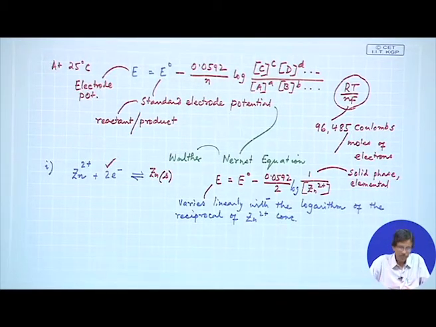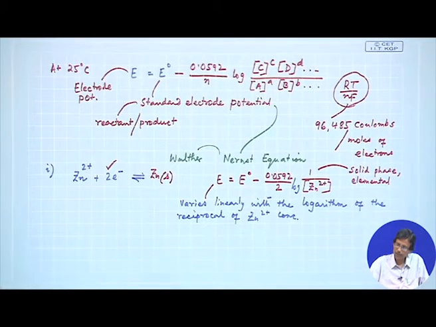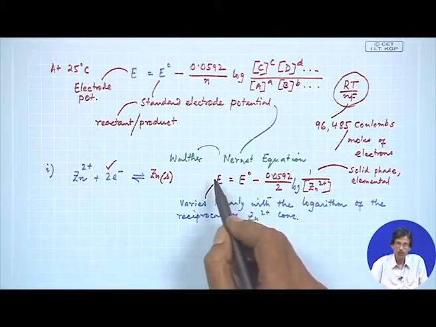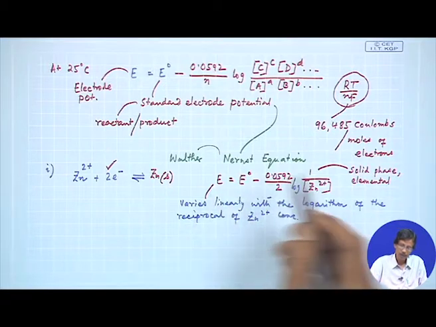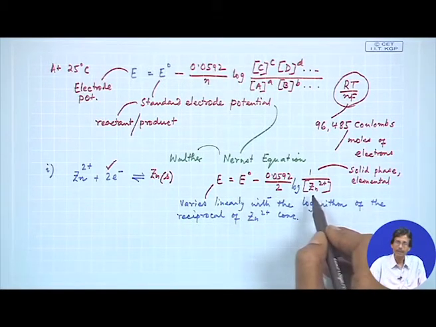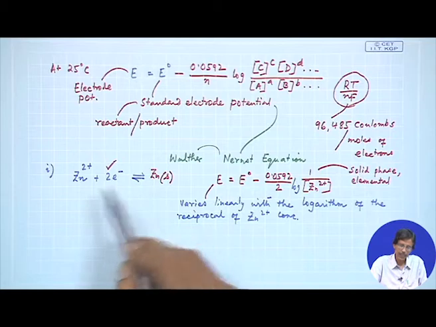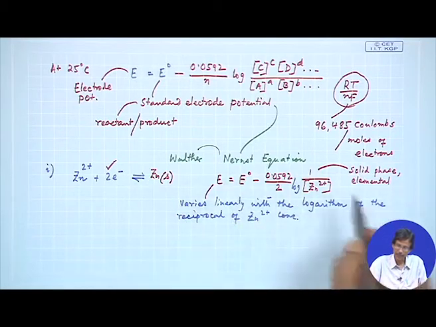This gives us very important information: we can change the electrode potential value by manipulating some of the parameters which are interrelated by the electron transfer reaction.